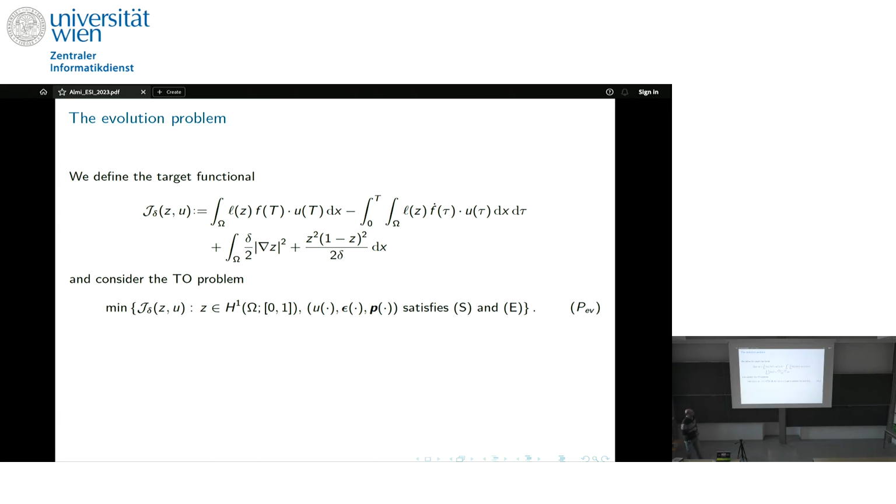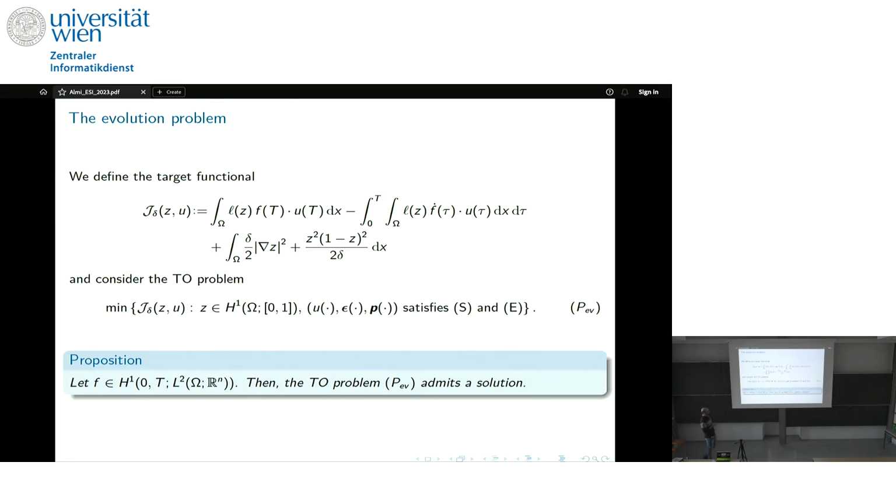And once again, it is worth saying that when you work with elastoplasticity plus hardening, given Z, this evolution tripod is unique. So again, this is only a minimization in Z. You care about the displacement U, but it's again only a function of Z. And at this point, you can say that there exists a solution.